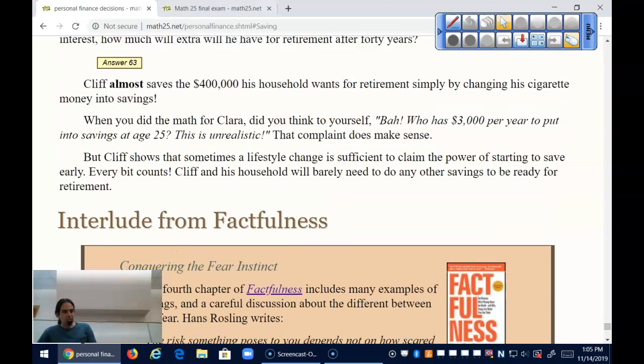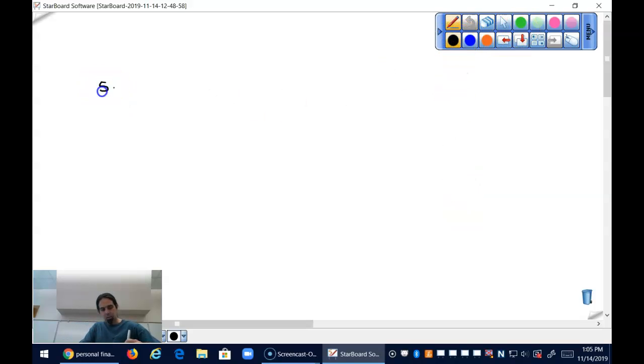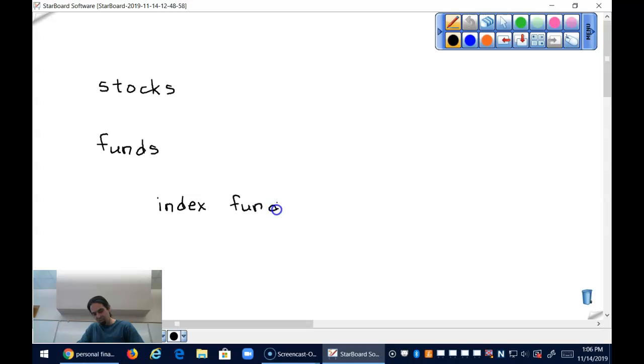Okay, so let's talk about different things to save. What are these things? Stocks, funds, and there's something called an index fund. And there's a bond. And there's something called a bond fund.